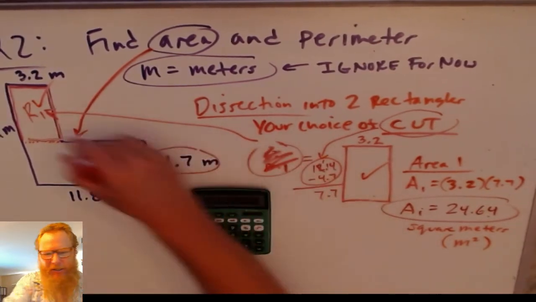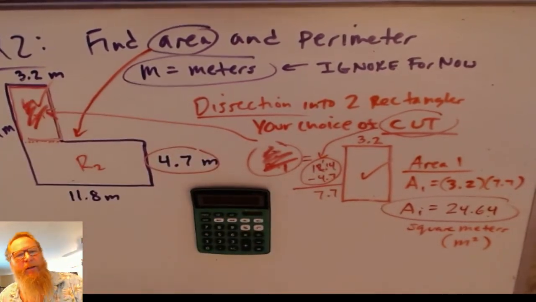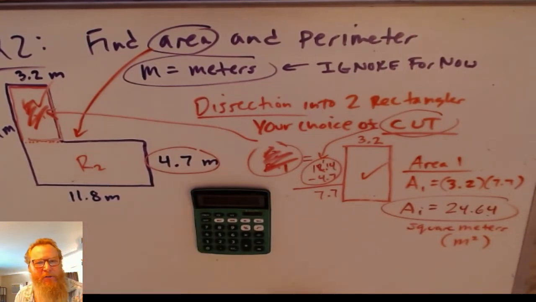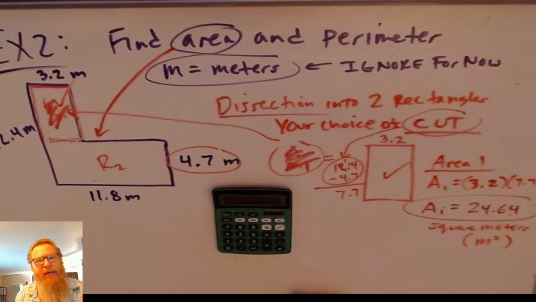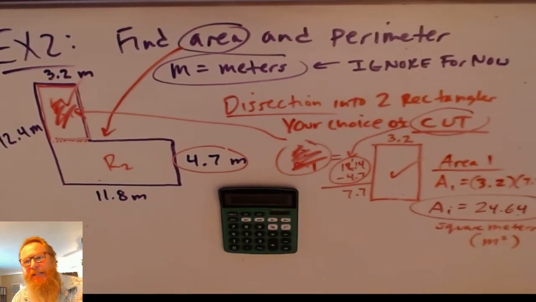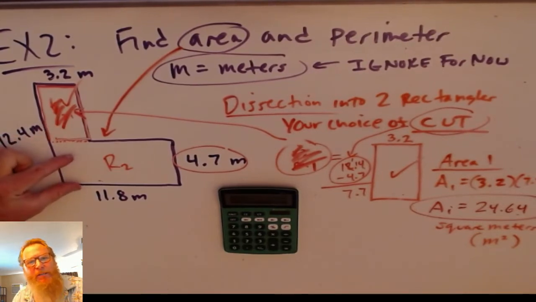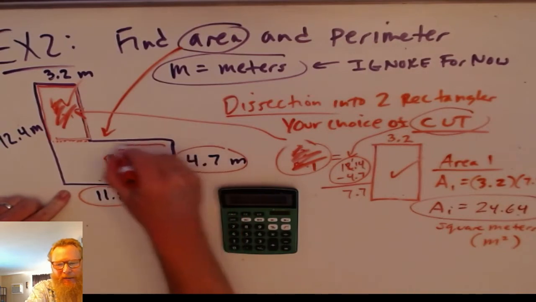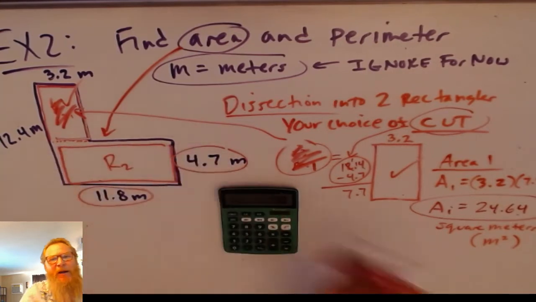Notice you don't actually use the letter R in the formula. The letter R is just to tell me that I've dissected it into 2 parts. Now the cool thing about the dissection process is once you've dissected one of them, the other one is done already. This is R2 right here. Look, that's my R2.